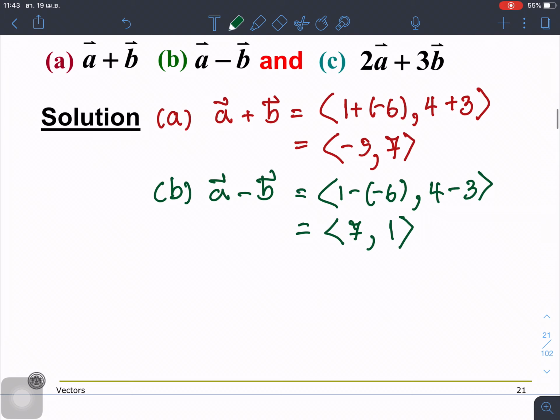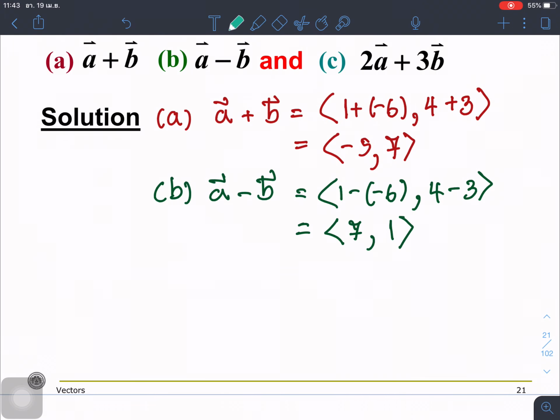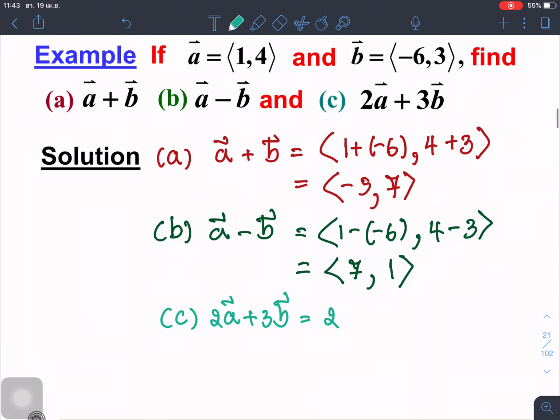Alright. What else do we need to consider? C, 2A plus 3B. First you do 2A. 2A is 2 times 1, 4, and plus 3B, B is negative 6, 3.